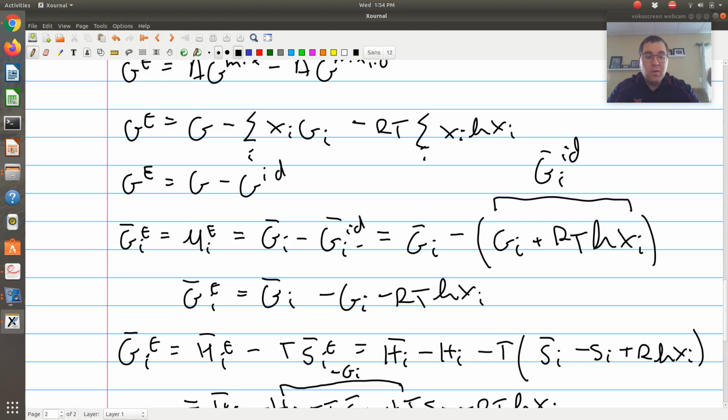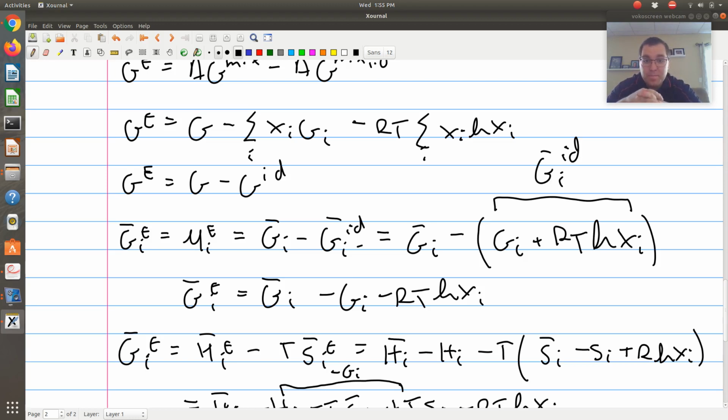So in a pure component system, if we have a system of pure component 1, all of our interactions are exactly the same. So a pure component system is an ideal solution. Therefore, in the pure component limit, all of our excess properties should be equal to 0. Because if in the pure component limit I'm by definition an ideal solution, then my excess property should be 0 in that limit.